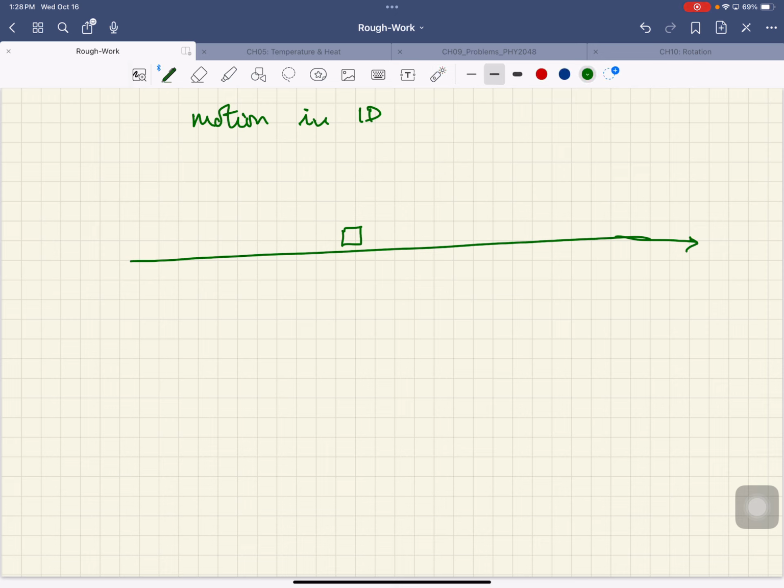If you wanted to describe this motion, how would you describe it? Do you guys remember? If you wanted to describe any motion in one dimension, what is it that we're asking you for? What we're asking you for is x as a function of time.